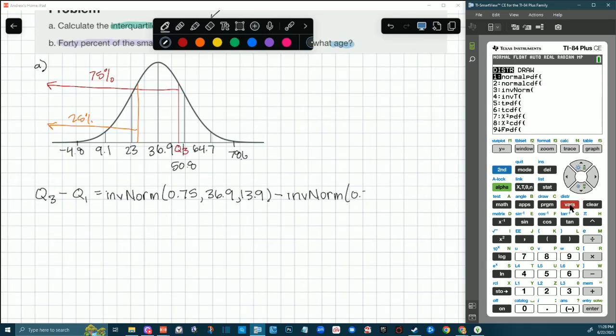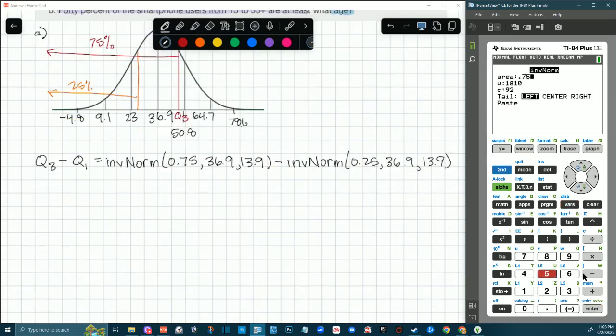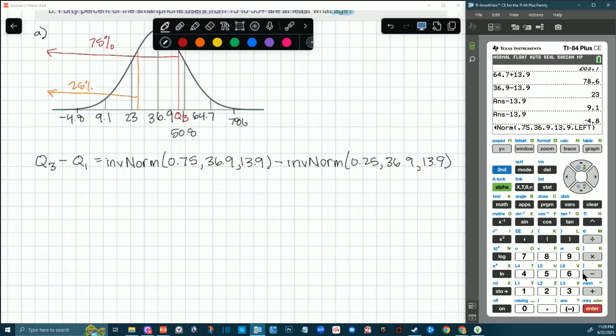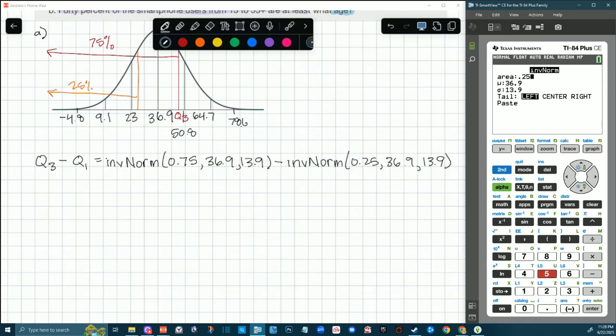So second vars, option 3, and we're just going to fill that data in. And then minus, and then I'm going to go back to second vars and do that function call over again with a different area. And you'll notice the mean and standard deviation are still there, so I can go straight down to paste after changing that area.